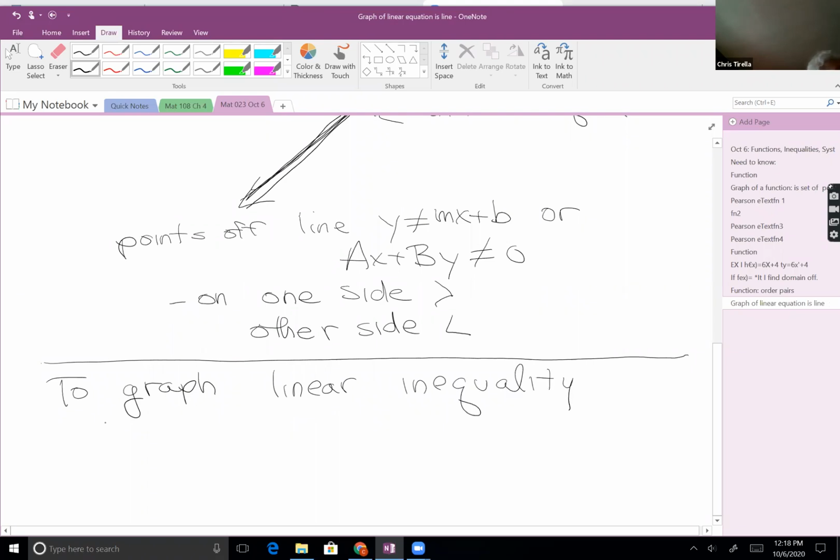If I have ax plus by, let's say, is greater than or equal to c, or if I have ax plus by is less than or equal to c, does everybody see with both of those symbols, I'm going to include where it's equal. So I'm going to include the line, and I show that by using a solid line.